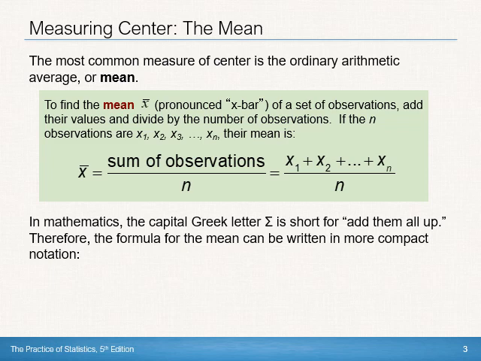It's called summation notation or sigma notation. And so we could condense this formula for a mean even better and say the sum, or sigma, of all the x's, divided by n, how many data values there are.